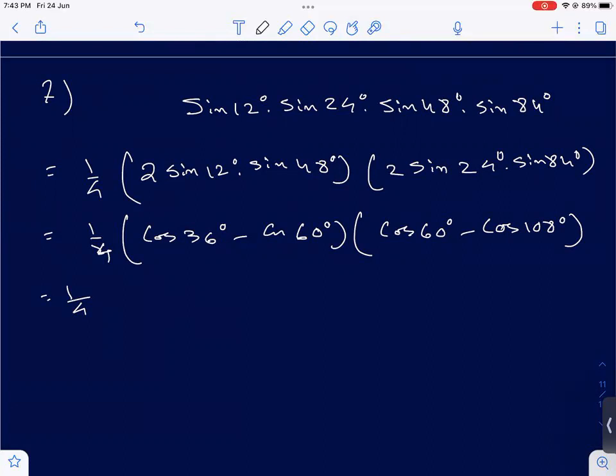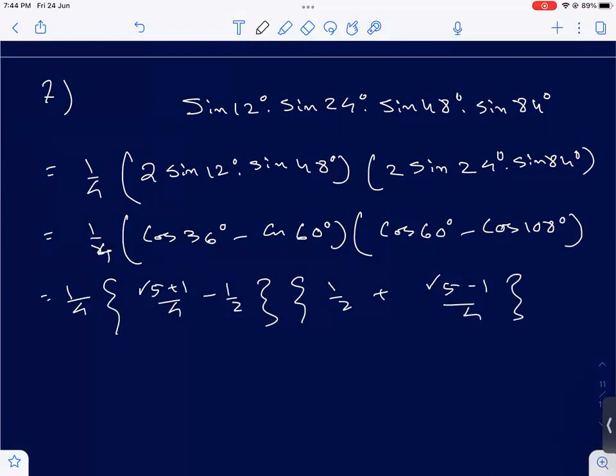If I put the value, cos 36 is (root 5 plus 1) by 4, minus half into (half plus (root 5 minus 1) by 4). If you calculate and multiply, you are getting 1 by 16. So sum 7 is A.